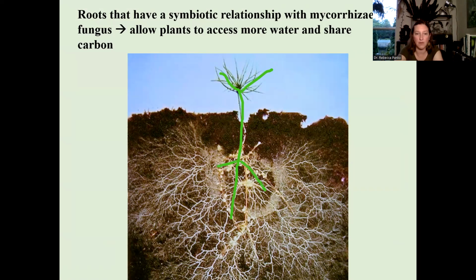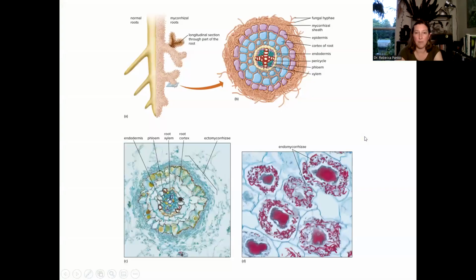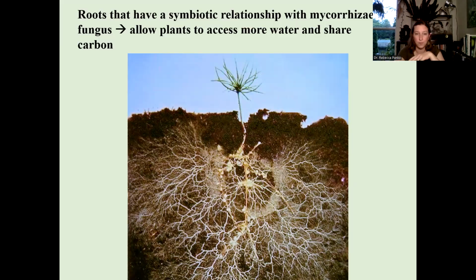And all this other white stuff around it is fungus. And if there was another little baby plant over here, they could actually share carbon via this fungal network. And this also allows plants to get more water as well.